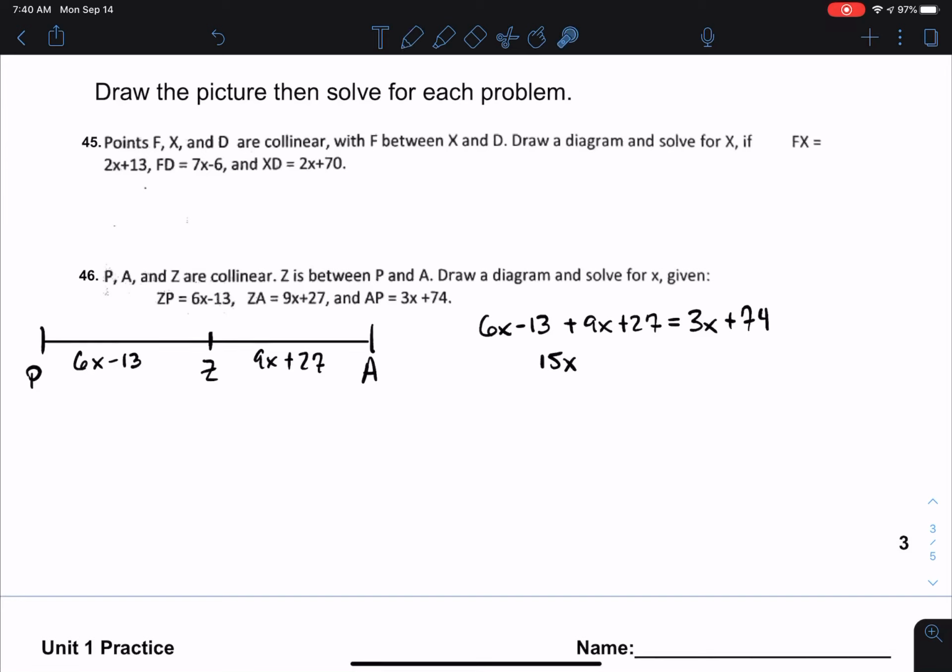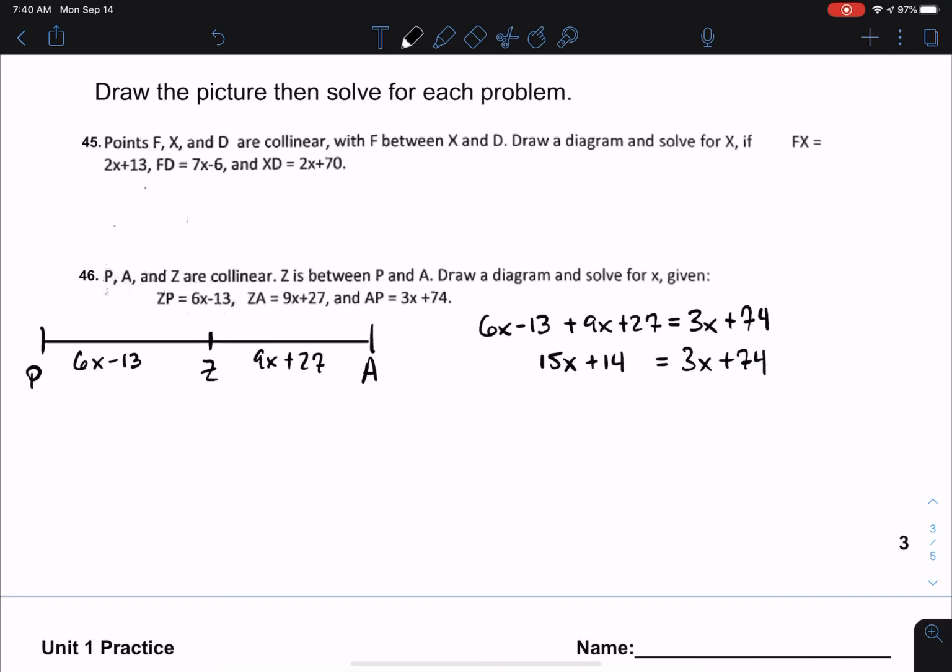And then you also have to put together your minus 13 plus 27. So if you have 27, you take away 13. Should get 14. And then the right side stays the same.